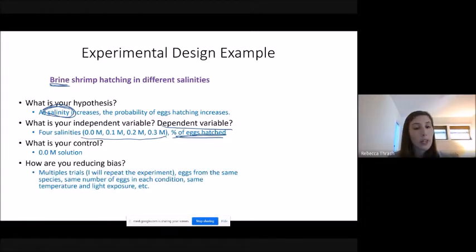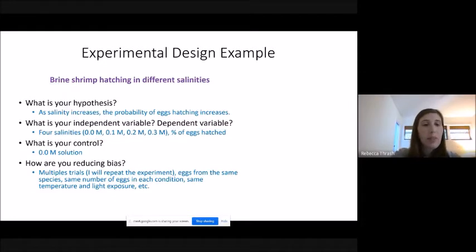And you also want to include things on how you are reducing bias in your experiment, or how you're making sure that only your independent variable is being tested here. So a good thing to always mention is I will repeat this experiment three times. I'm going to make sure that I use eggs from the same species so that that isn't something that could potentially change the hatching viability.